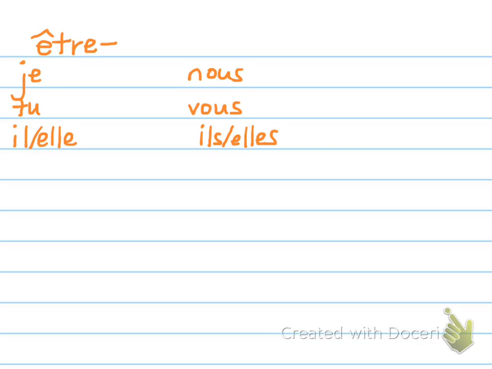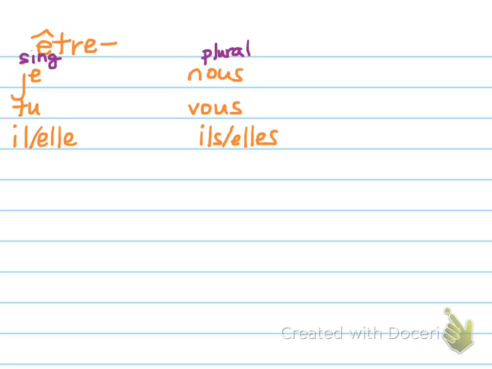Elle means she or it. Nous means we. Vous means you. That's the formal you and the plural you. Il pluriel means they, and elle pluriel means they. Remember, this column, these are the singular subject pronouns. These are the plural subject pronouns.